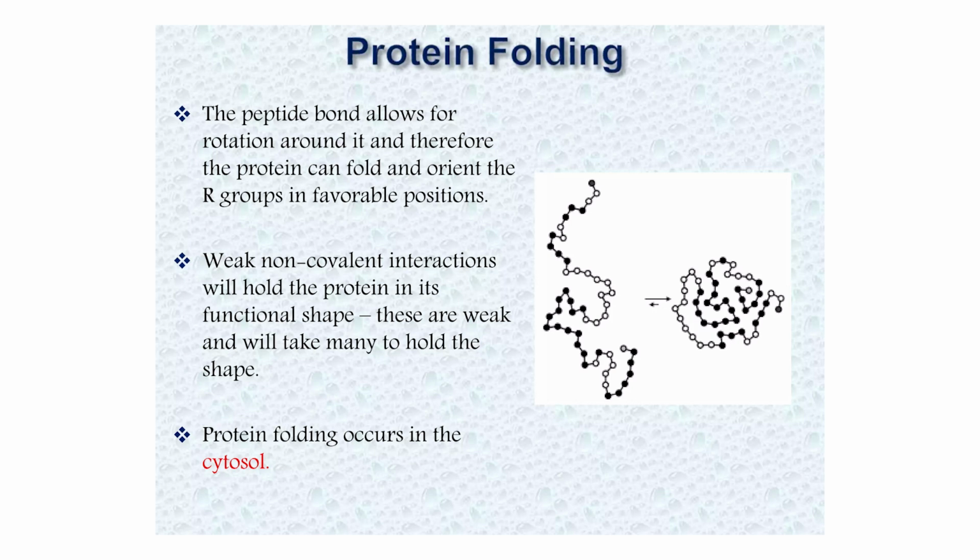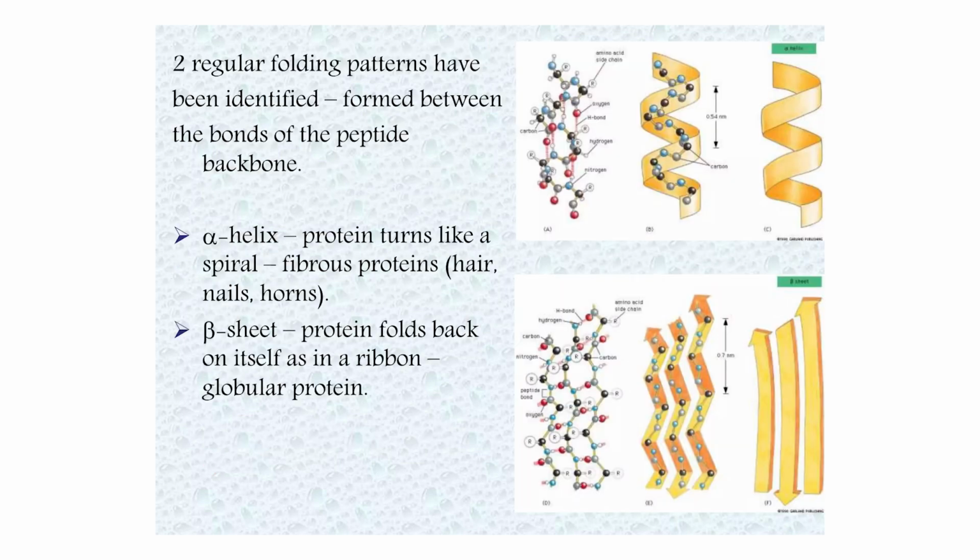After the linear sequence of amino acids, or the primary structure of the protein, the protein folds in a very specific manner according to its function, and this protein folding occurs in the cytosol. Because the peptide bond allows for rotation, the protein can fold and orient its groups in favorable positions, which decides its function.